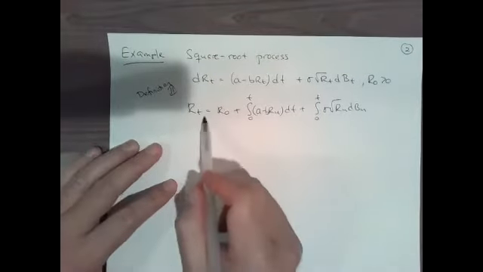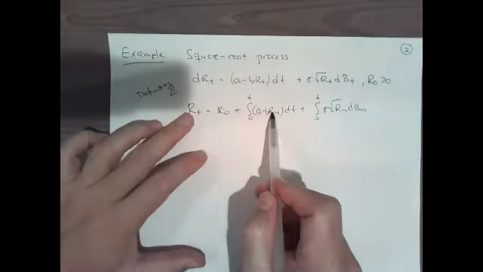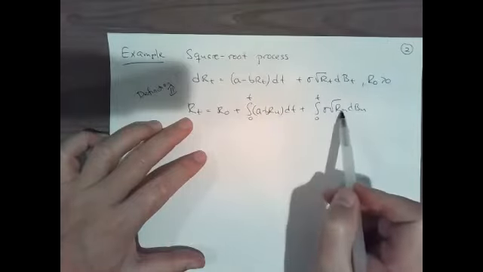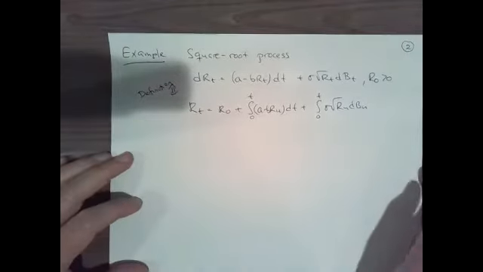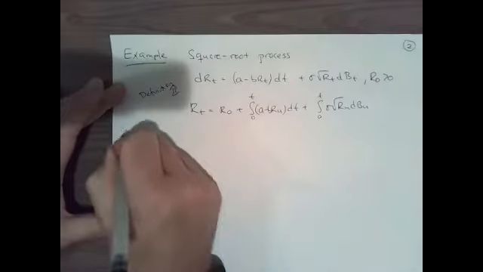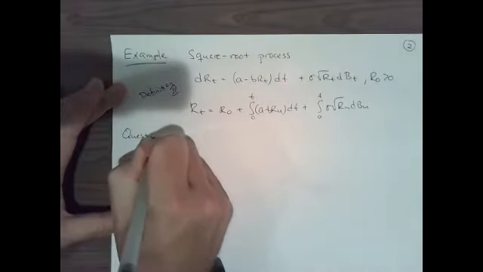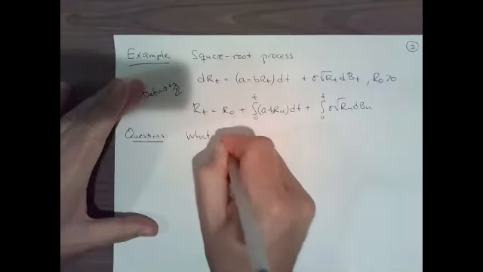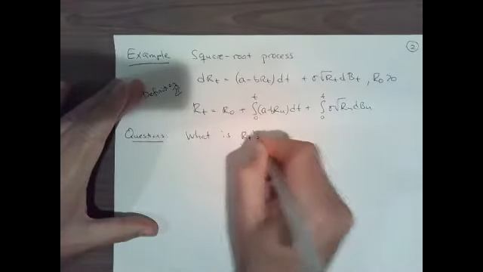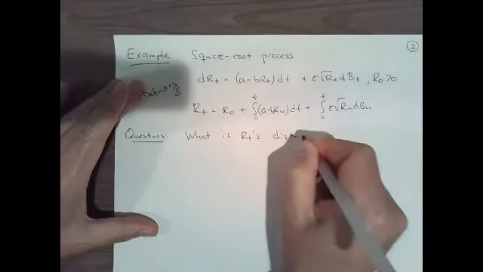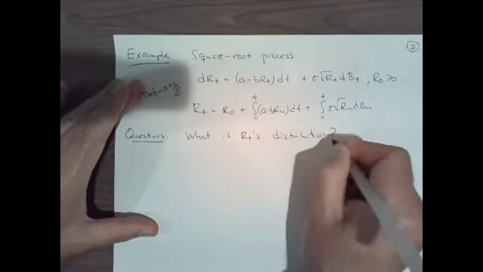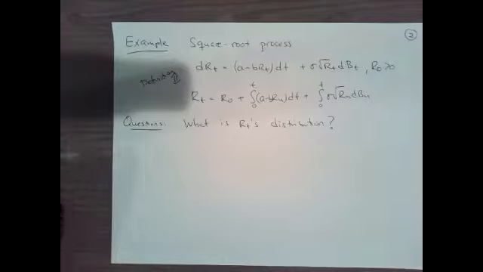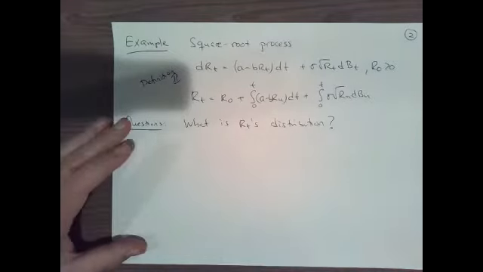So this is an SDE because R is here, R is there, and R is also over here. So we could ask questions like, what is R_t's distribution? It's a random variable. What's the distribution?